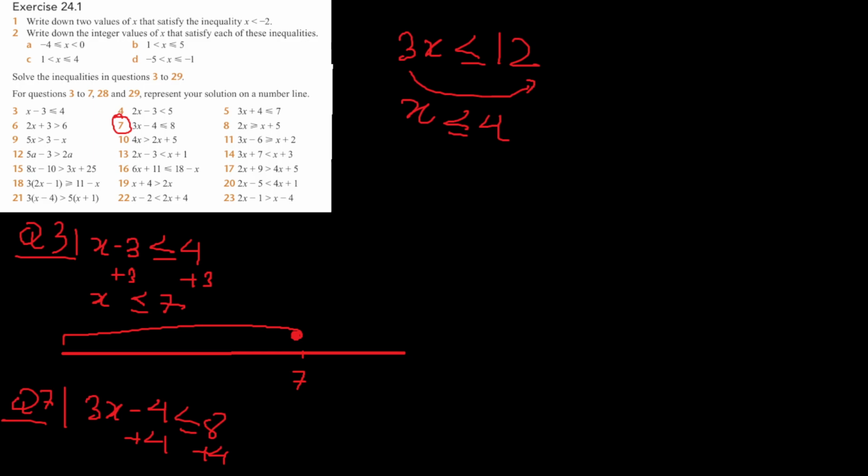So let's draw this on the number line. Let's put a 4 here, and then that would be our number line.